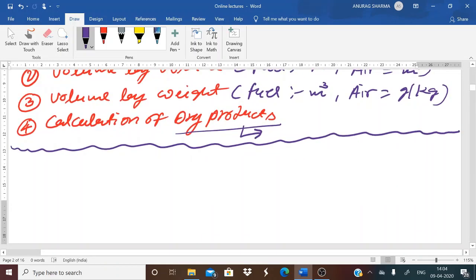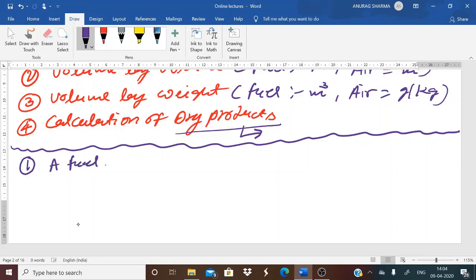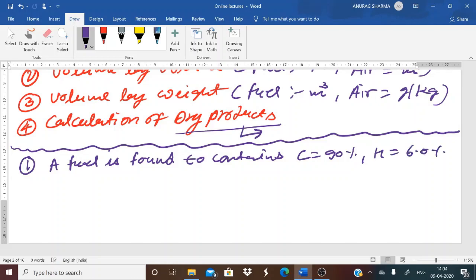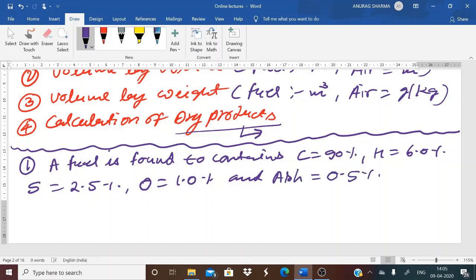So first discuss type first, which is weight by weight. This is the example of weight by weight. A fuel is found to contain carbon equal to 90%, hydrogen equal to 6%, sulfur equal to 2.5%, oxygen equal to 1%, and amount of ash equal to 0.5%.